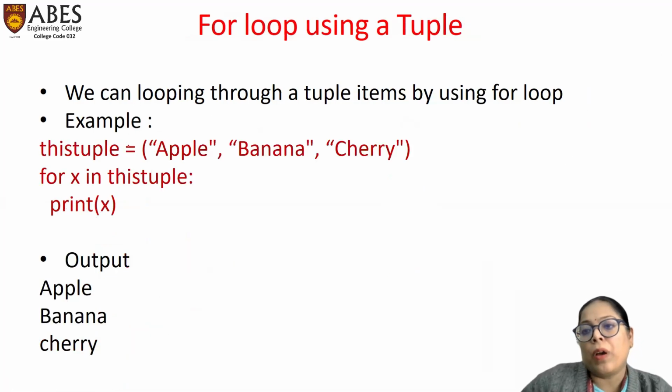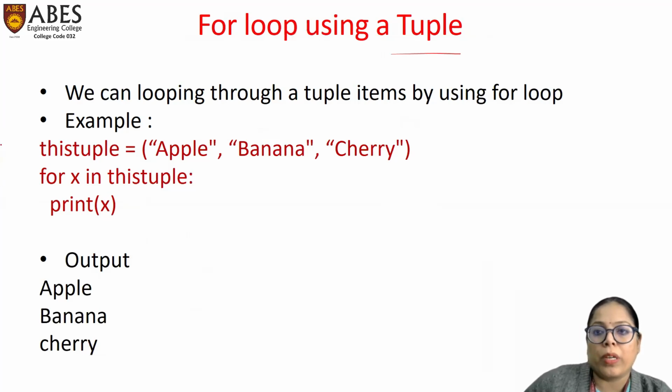Now again here we will see how for loop is used with tuple. Here we have assigned elements to this tuple, and we have used parenthesis brackets.